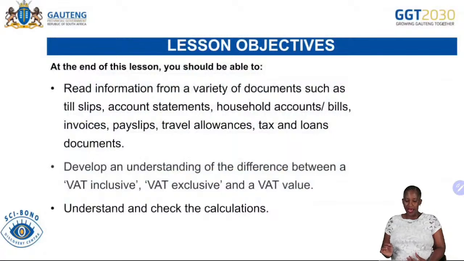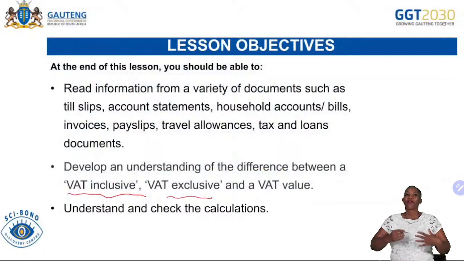Remember again, we need to develop an understanding of the difference between VAT inclusive, VAT exclusive and a VAT value. But this part of VAT, we'll do in detail later when we do taxation. It's just for you to know what is in finance.